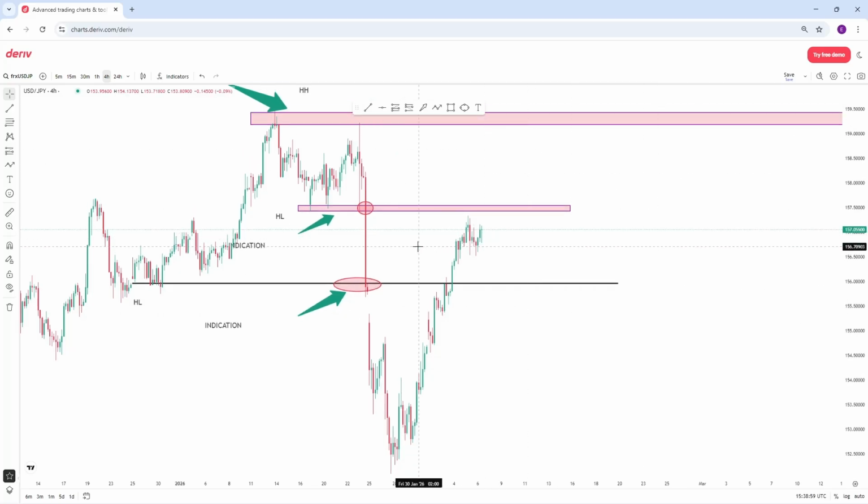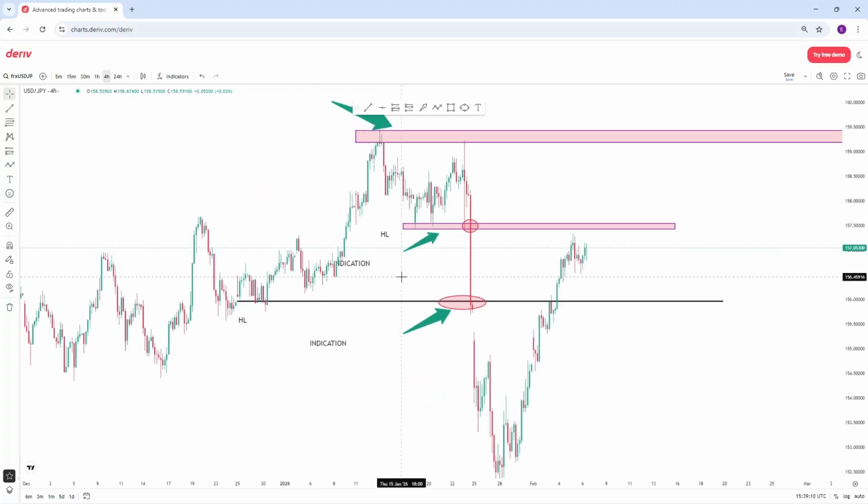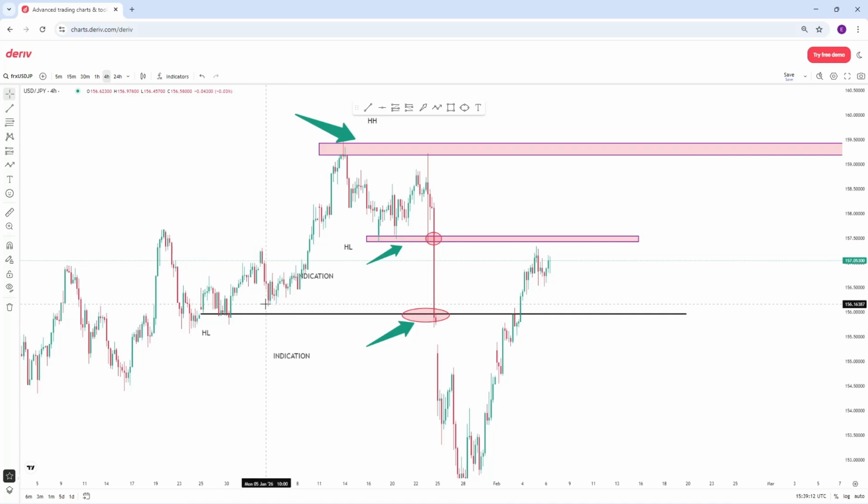This was news. So all of this was news, but consider it as an indication to the downside. See all of these lows being broken.